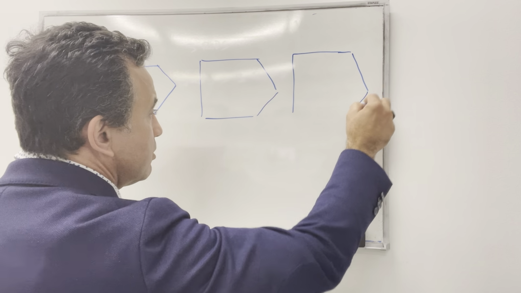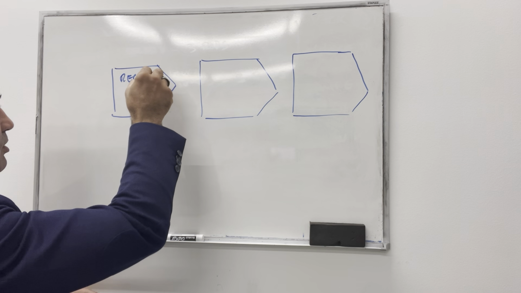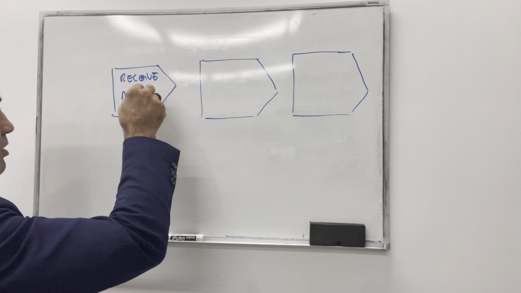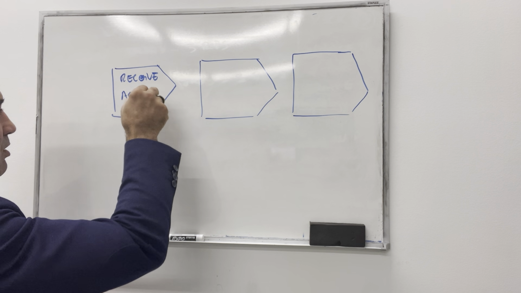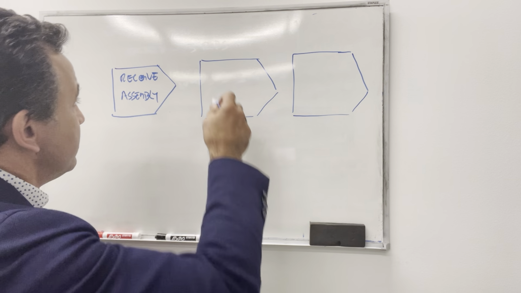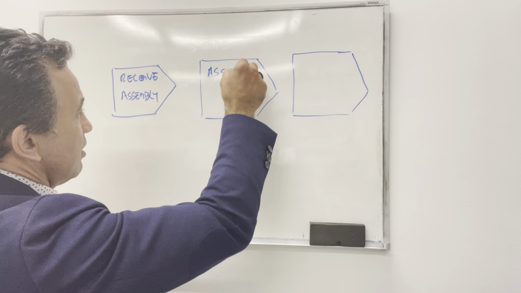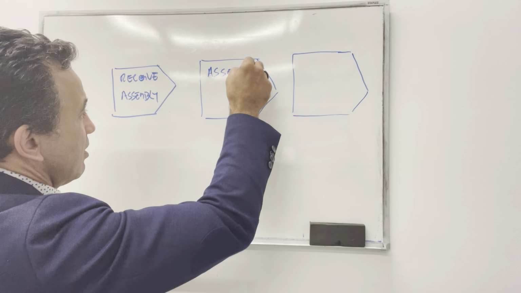Let's say that in here we receive assemblies, several parts of the rocket. Then we assemble the rocket.